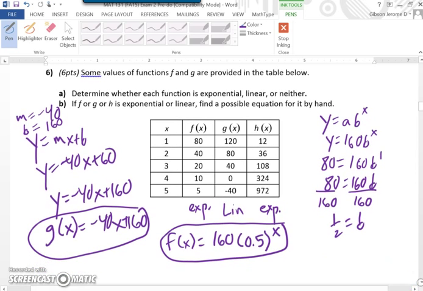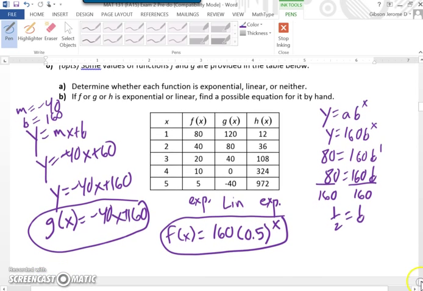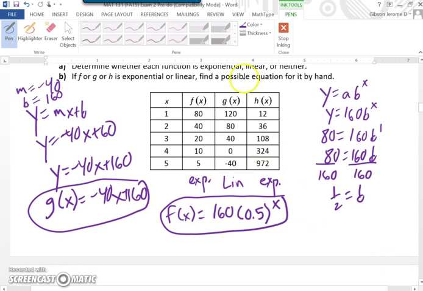Now we need to go to our h of x. h of x is the same thing. If you notice here, we're multiplying by 3. So when we go up to the 0, we would have to divide by 3. So this would be 0, 4. So our a would equal 4 here. We would substitute: y is equal to 4 times b to the x.